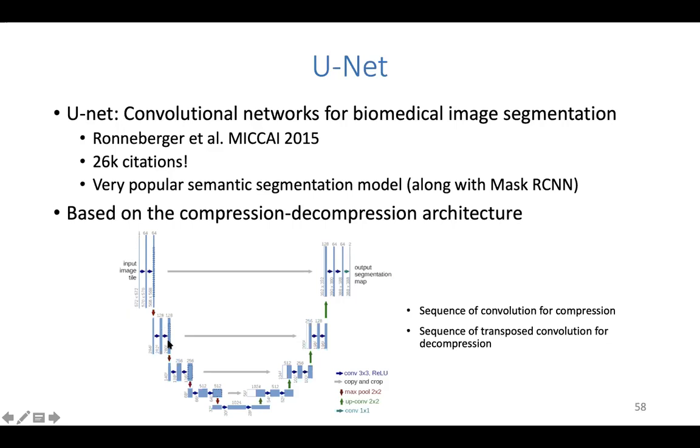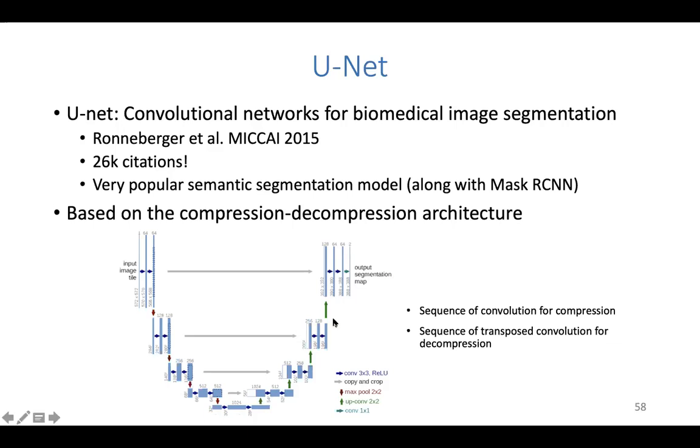And then you compress it. Going through a sequence of convolution and max pooling, you compress your image spatially, all the way down to 30 by 30, and the depth is increased to 1024. So depth 1 was increased to 1024, and that's the end of compression, and then you want to decompress it.